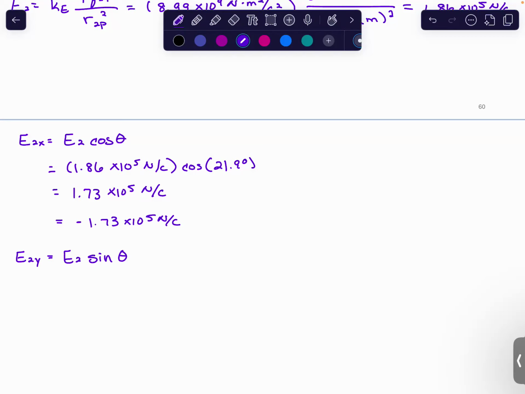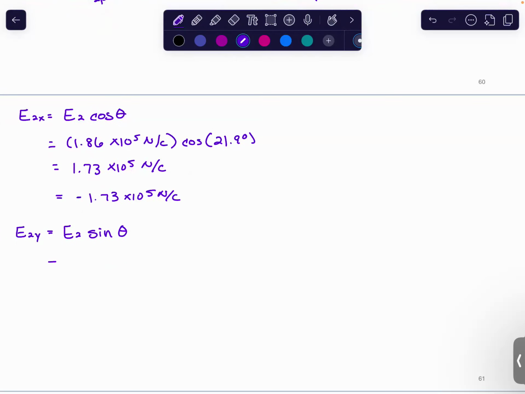They have to be the opposite of each other. That's going to end up giving you 6.94 times 10 to the fourth newtons per coulomb. And that one stays positive because E2Y points up.